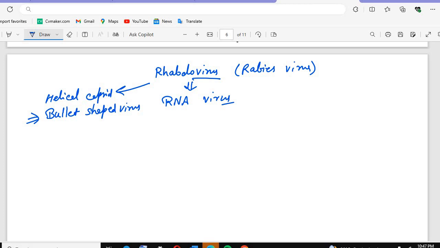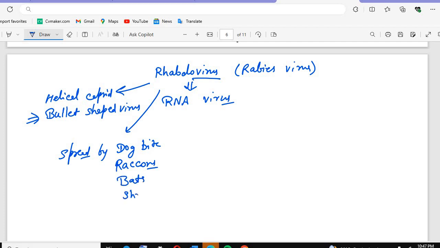It is spread by bats, by the bite of a dog, raccoons, bats, or sometimes shrews. These are animals you can remember that spread the rhabdovirus, the RNA virus.